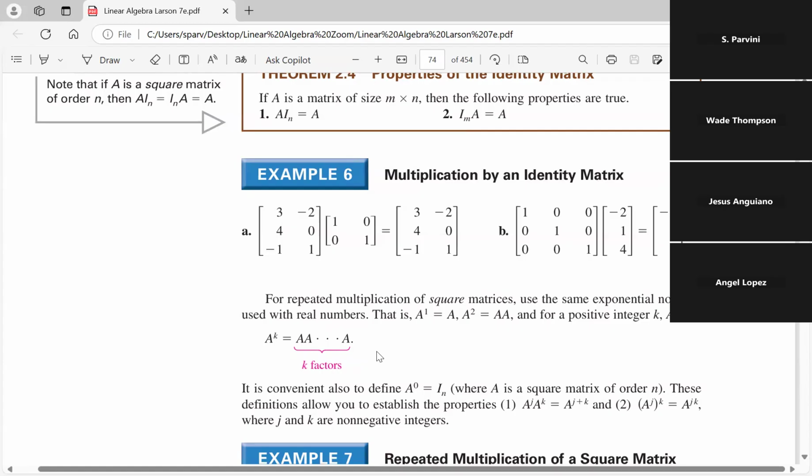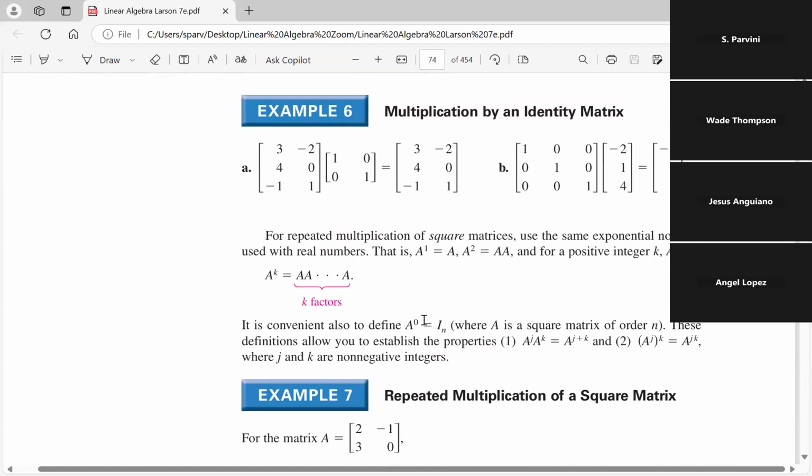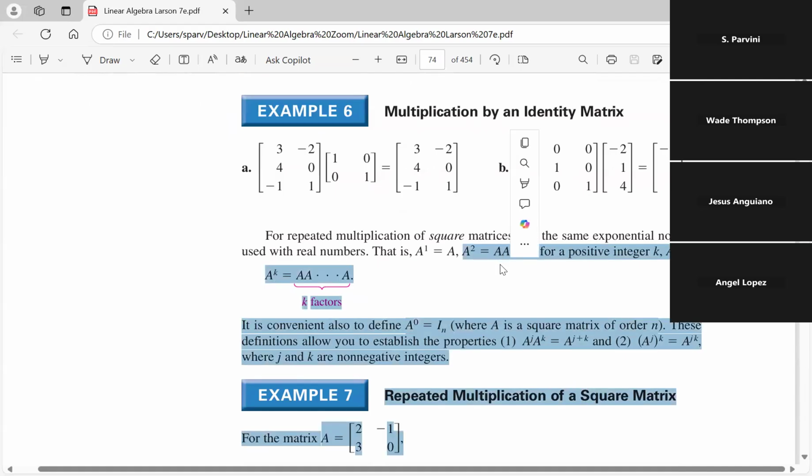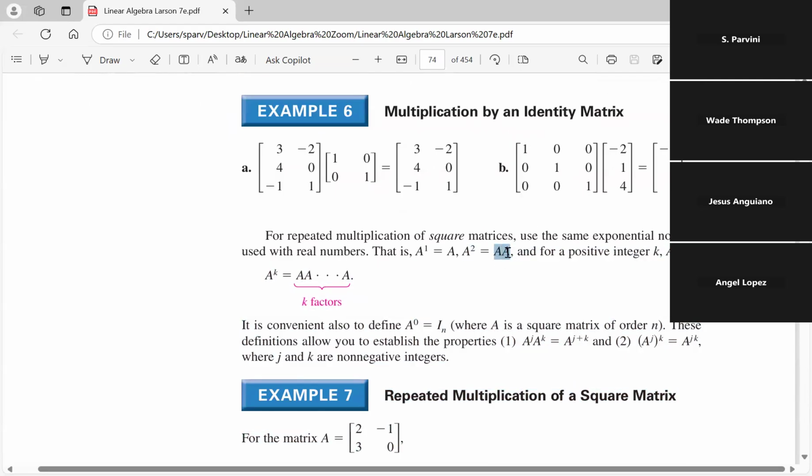Now, let's take a look at, for example, can I square a matrix? Sure. To square a matrix, you multiply A times A. If I want to cube a matrix, that would be AAA. You can raise a matrix to the 4th power. That would be AAAA, multiplied by itself 4 times. So in general, you can raise a matrix to the kth power.